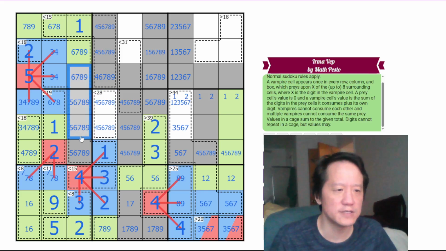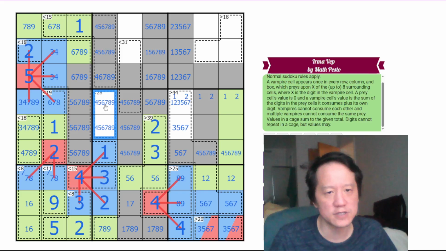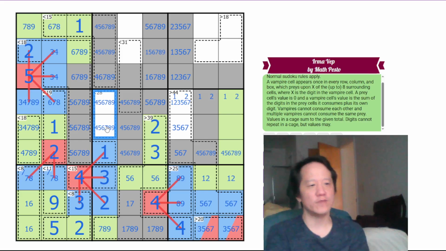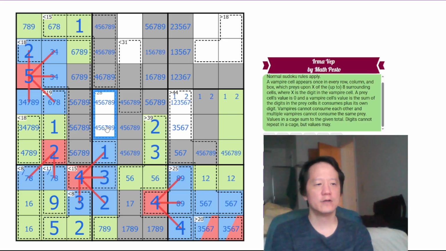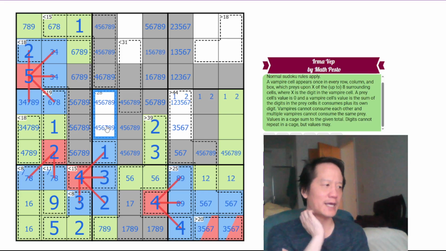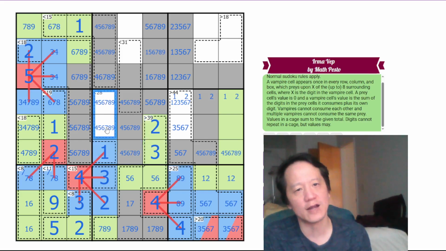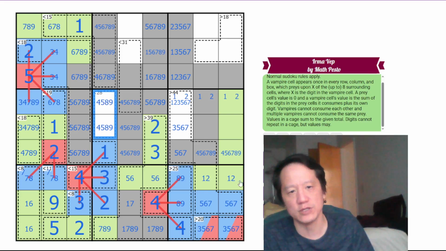Because it takes 18 in value. That means that leaves only 9 more in value left. Even if it vampires itself, the problem is that it cannot vampire a value that would jump it past 10. And we have a 1, 2, 3 in that box. So that only leaves 4 and 5 possible in this box.